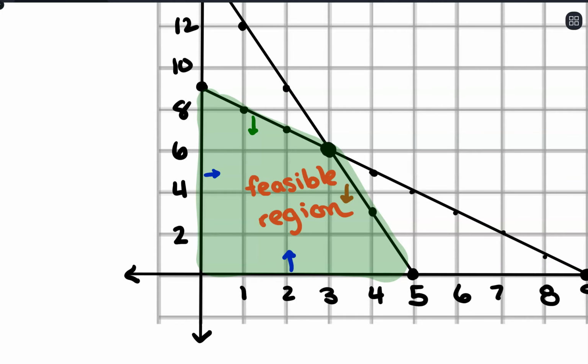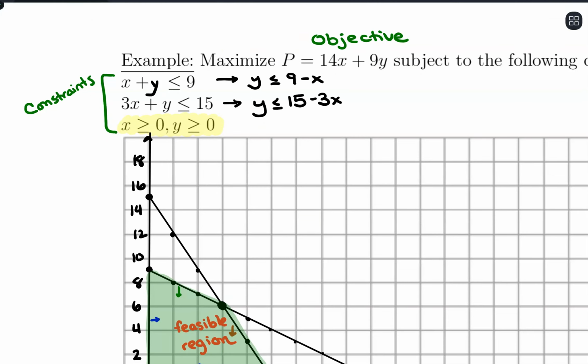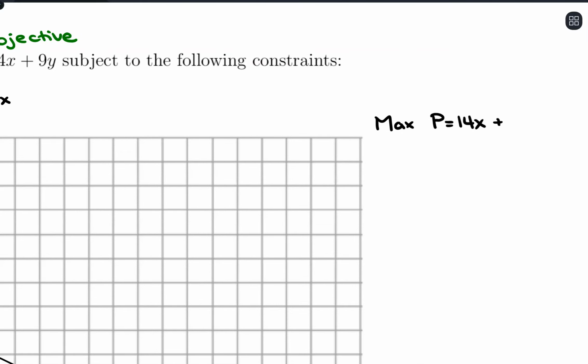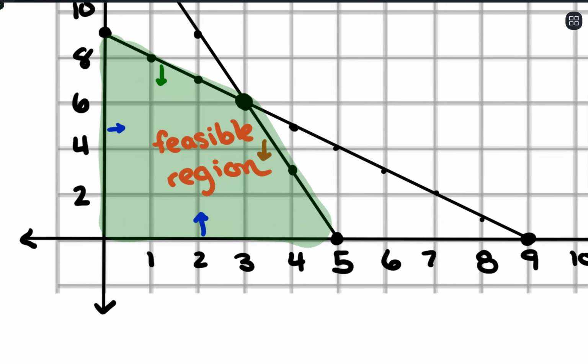But now what we want to do is look at our objective function. We want to maximize p equals 14x plus 9y. And with that, the maximum is going to come from a vertex of this polygon.